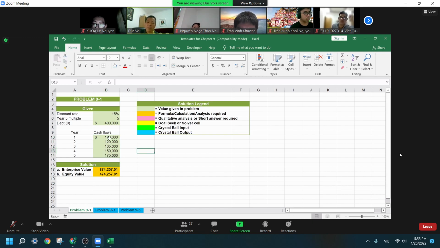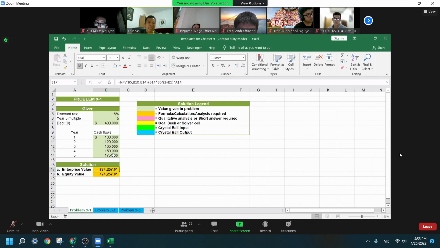In this problem 9.1, they only provide you with 5 years and they assume that the company only lasts for 5 years. So you just need to work out the present value for all the 5 years from here, and you get the enterprise value, right? So in this case, the discount rate is 50%, and you need to work out the present value. You get the enterprise value.